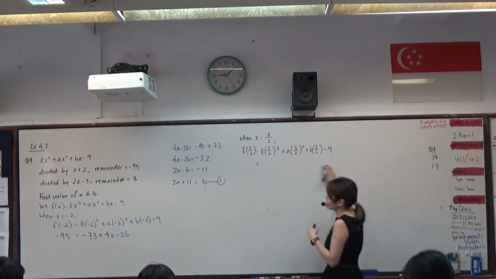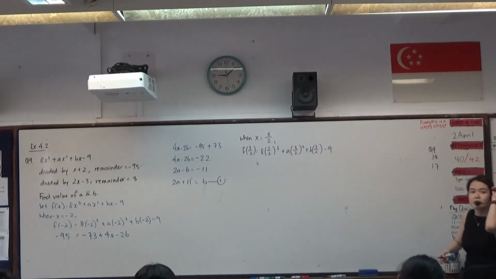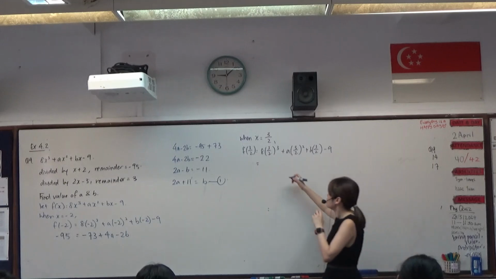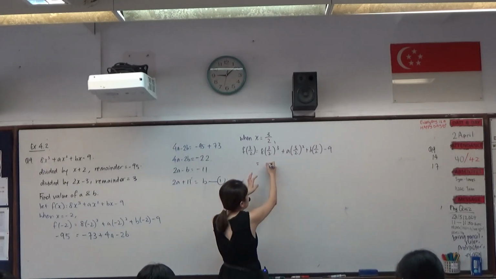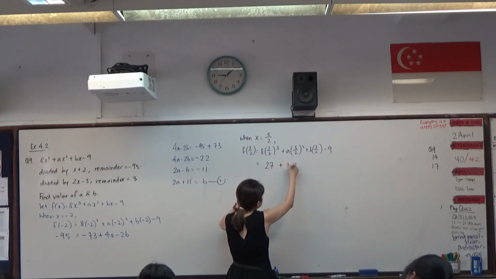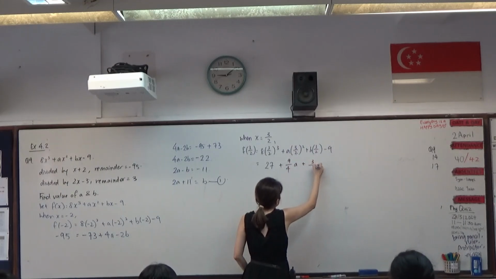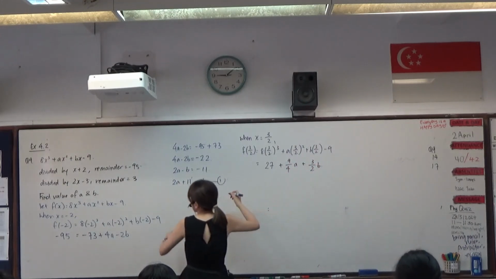Sorry, may I know what is the simplification? Can someone tell me? Sorry, 8 what? 27. 9 over 4a, right? Then plus 3 over 2b. Okay, and this will be equals to 3.